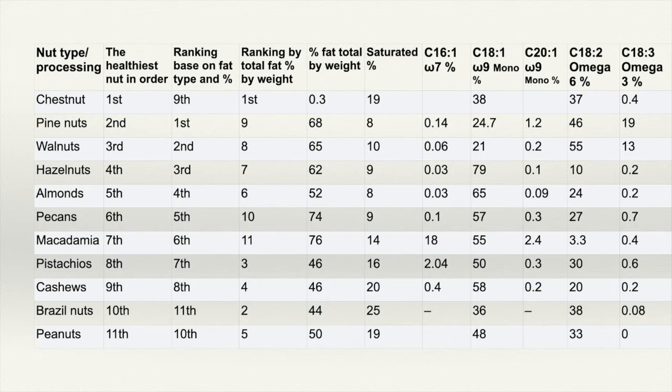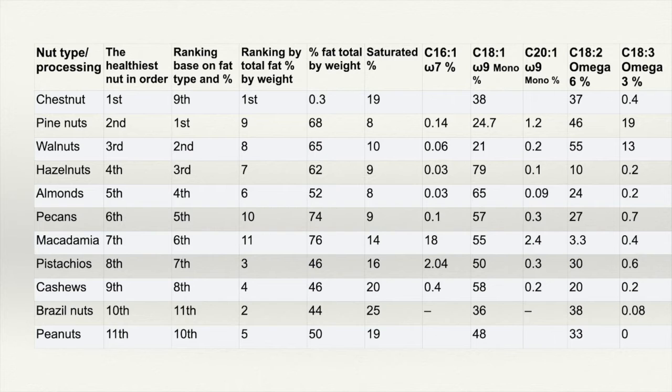We're going to discuss nuts at this point. This is a chart of the different kinds of nuts. I listed them in the order that I classified them as the healthiest nuts. Chestnuts I put at the top of the list because they are only 0.3% fat by weight. Pine nuts are the second best because they are the highest in the omega-3 fats, which we do need.